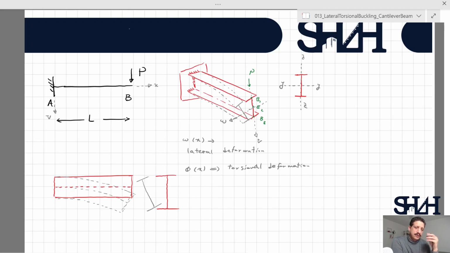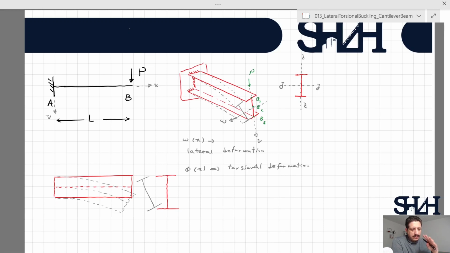Now, writing the total potential energy to calculate the critical load starts from the moment that the beam starts to buckle laterally. As mentioned earlier, we do not consider any in-plane bending work, external or internal, loss or gain of energy, elastic or strain energy inside the element.